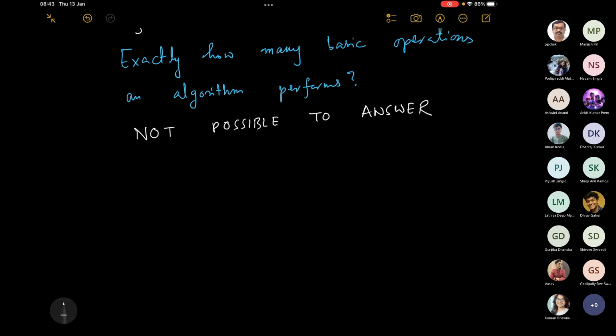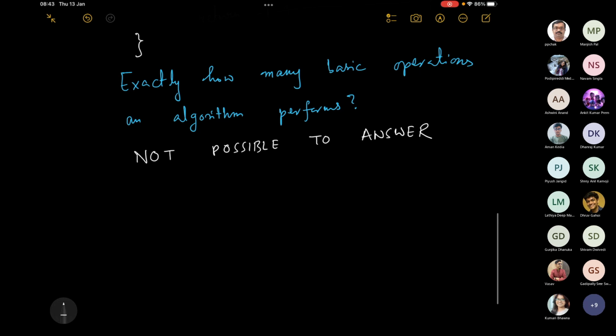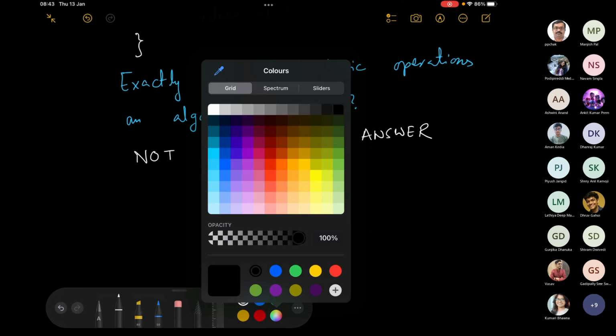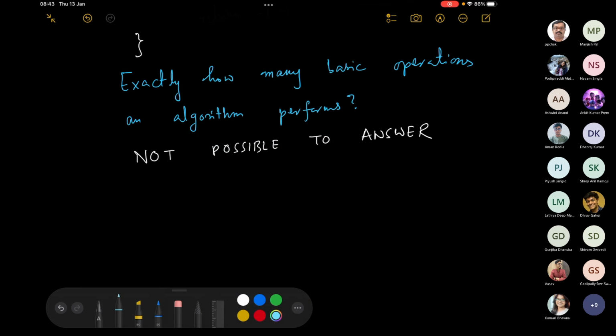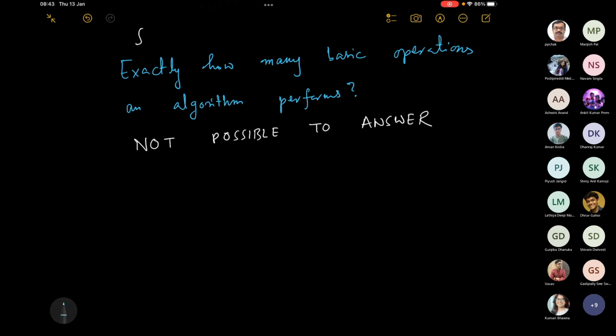So what we should be content with is the worst case number of steps.